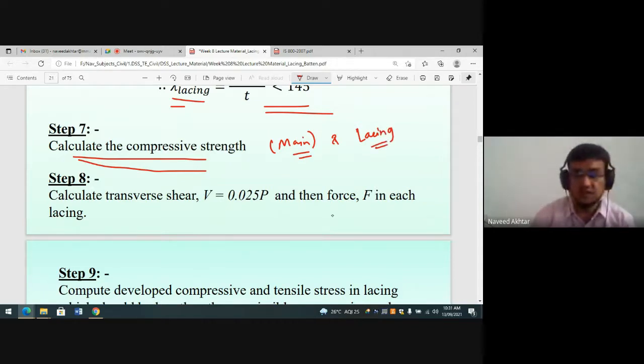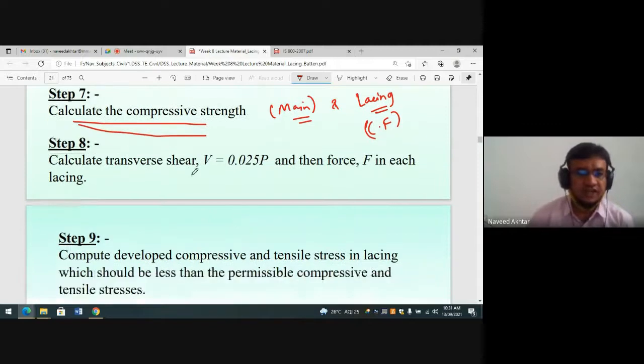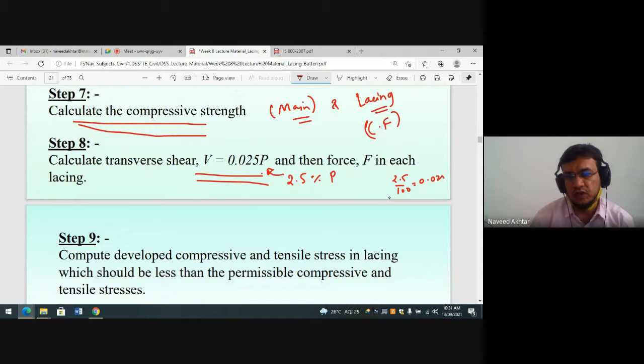If I say it is a compressive force on one lacing bar, then V is equal to 2.5% of P. If you write it as 2.5 divided by 100, it means 0.025.